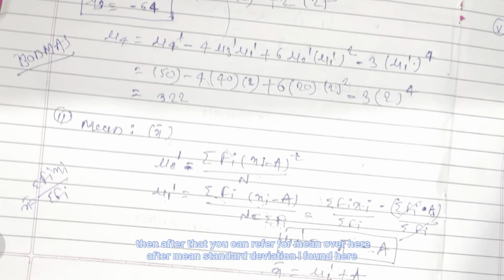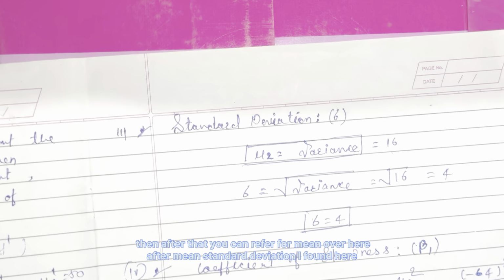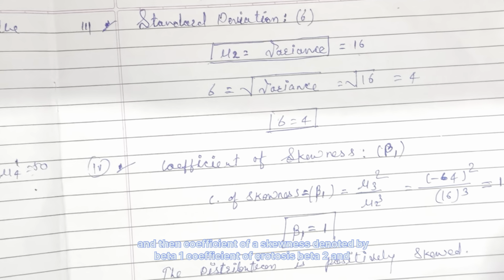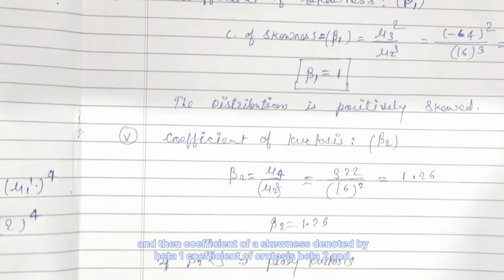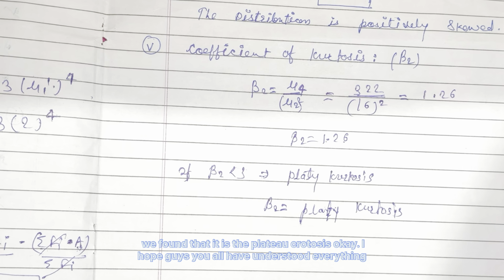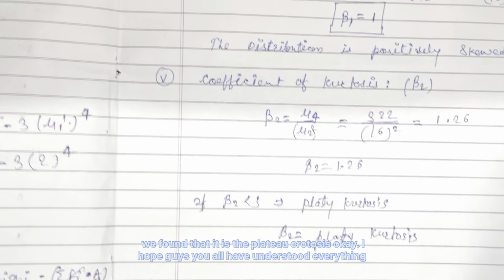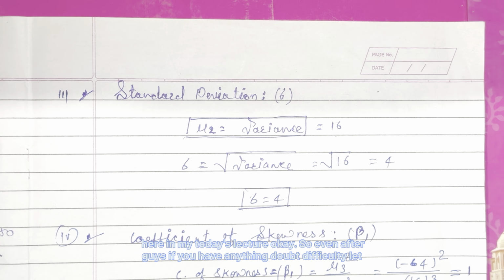Then the mean, then the standard deviation. Then the coefficient of skewness denoted by beta 1, and the coefficient of kurtosis beta 2, and we found that it is plateaukurtosis. I hope you all have understood everything in today's lecture.